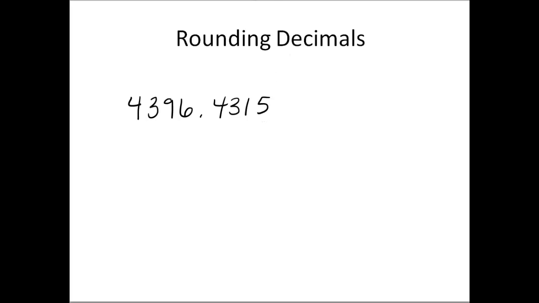If we have ones, tens, hundreds, that's 3, and we'll look at the 9. The 9 is greater than 5, so this is going to round up to 4,400. So you have to be able to distinguish whether you're rounding to the hundred or the hundredth.